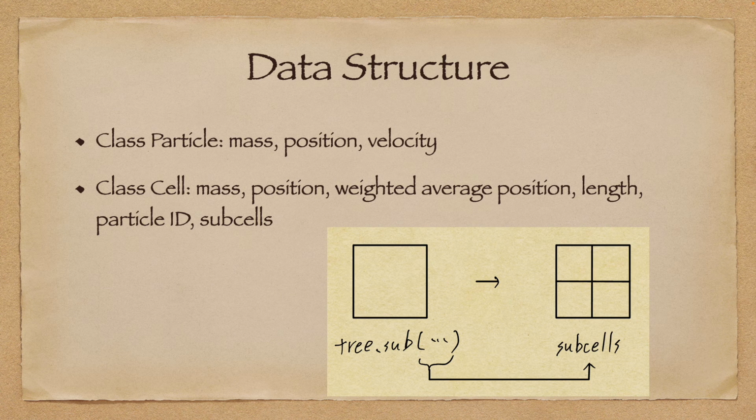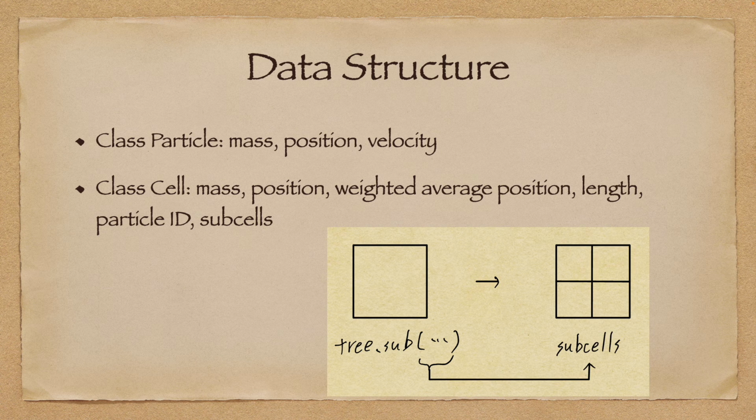Next is the data structure for my own code. There are two types of data. First is the particle and the second is the cell. The particle class has the data of mass, position and velocity, which is very simple.